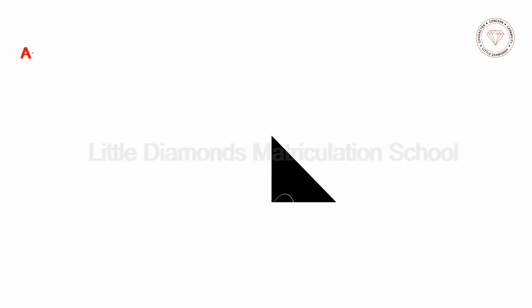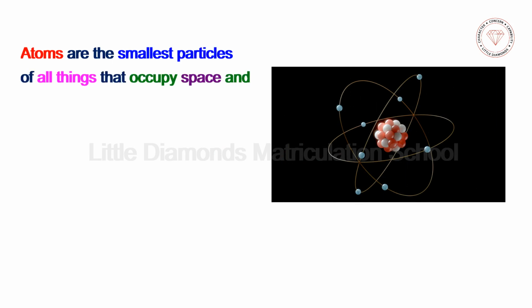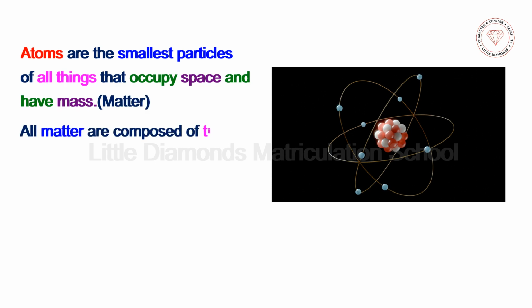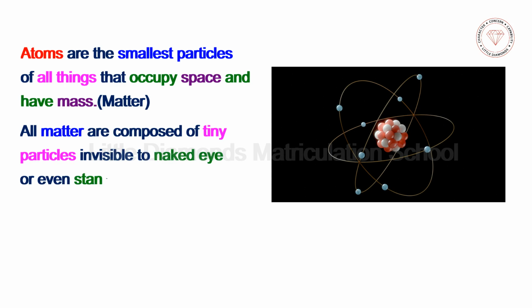We know that atoms are the smallest particles of all things that occupy space and have mass, that is, matter. All matter, whether solid, liquid, or gas, is composed of very tiny particles which cannot be seen with our naked eyes or even a standard microscope.